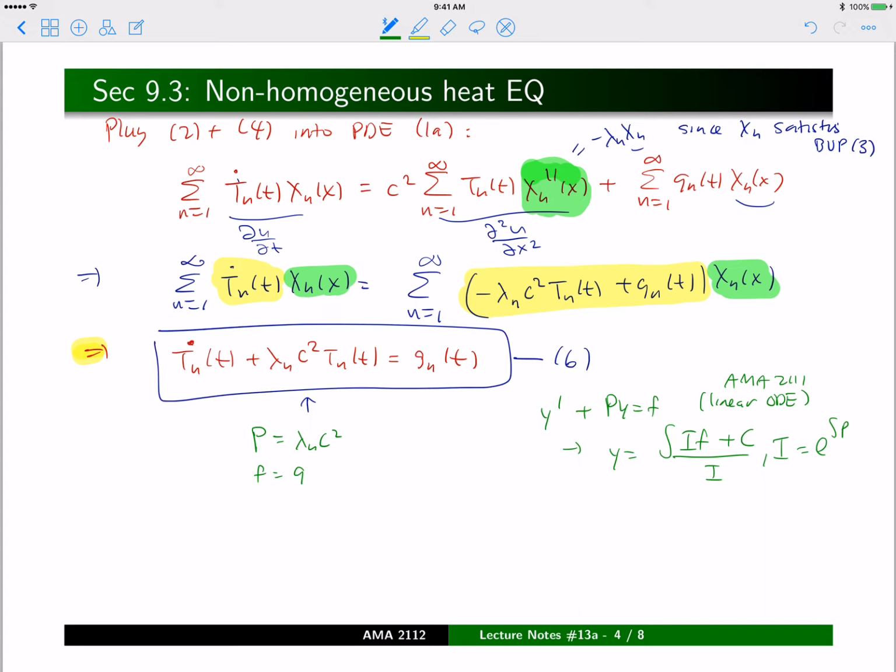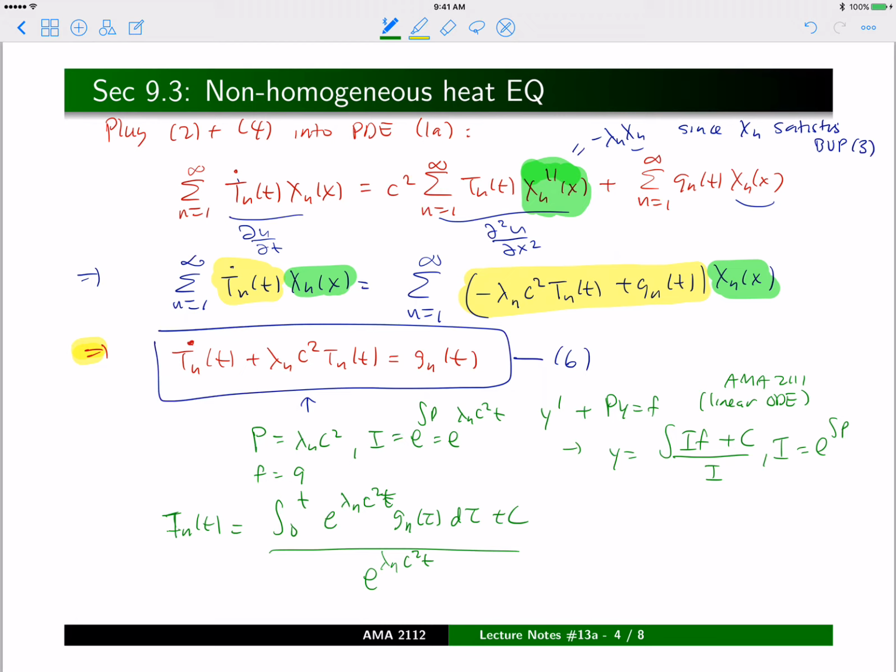So in fact, we can say that Tn of t, using this formula, is the integral from 0 to t, where our integrating factor is e to the integral of p, which is e to the lambda n c squared t, times our f, which is gn of tau. We need to change the dummy variables, plus a constant over the integrating factor.